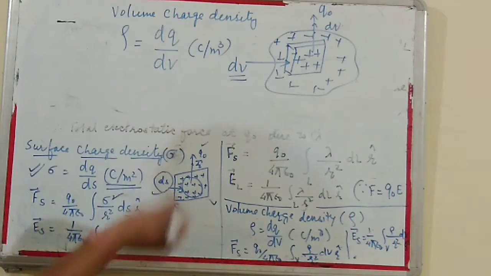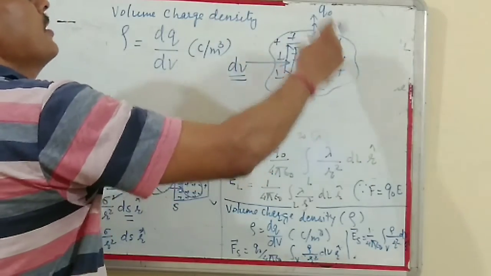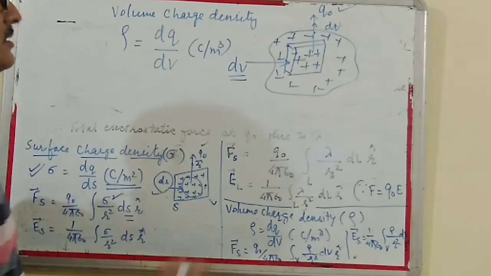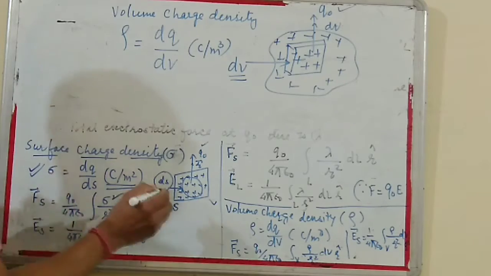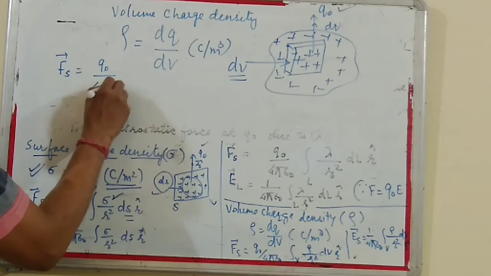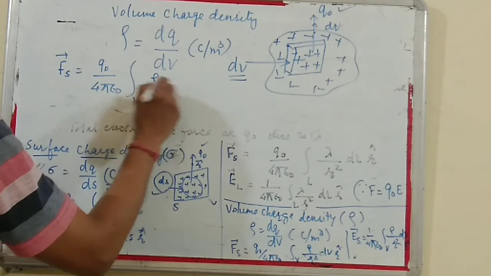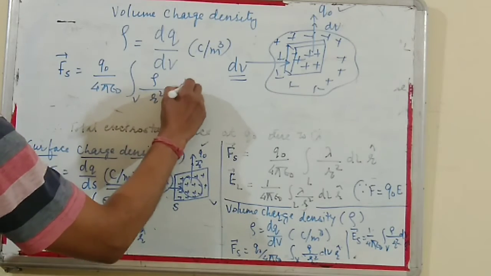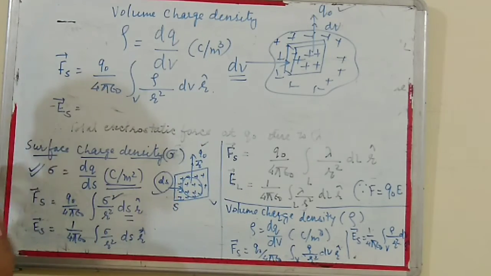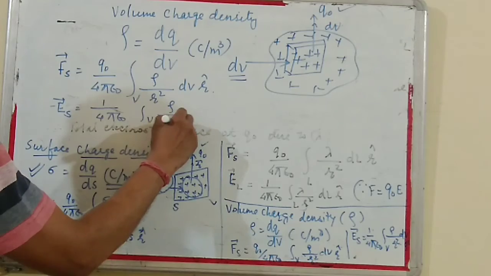In the same manner, due to this element of charge in the volume, the electrostatic force experienced by charge Q naught is Fs equals Q naught by 4 pi epsilon naught, volume integration of rho upon r square dV r cap. The electrostatic field intensity is 1 by 4 pi epsilon naught, integral of rho by r square dV r cap.